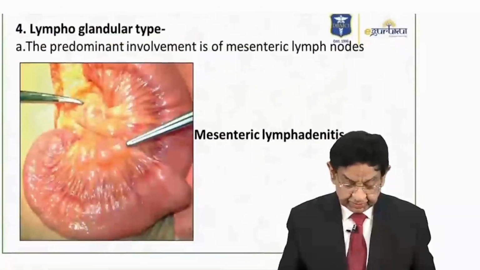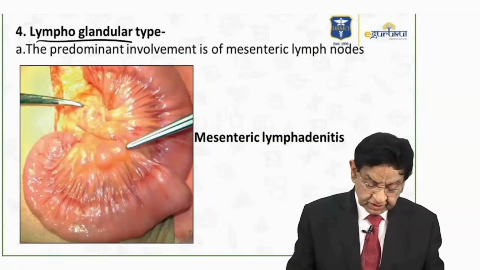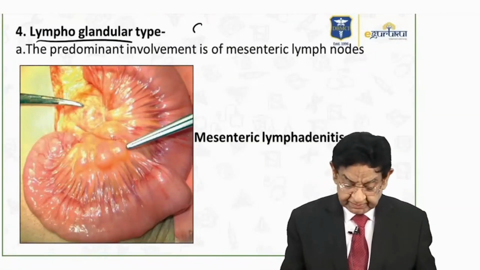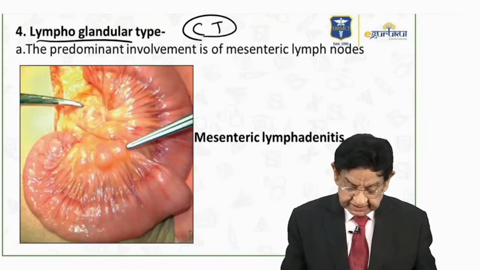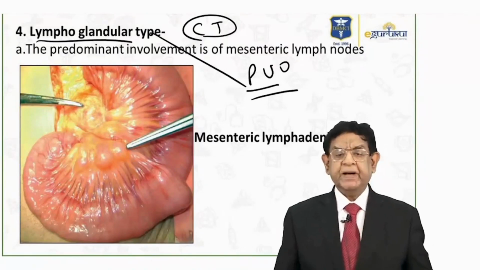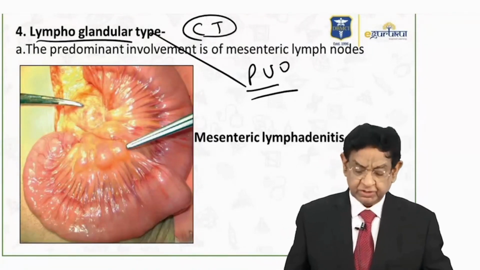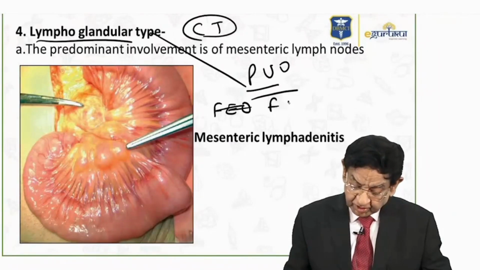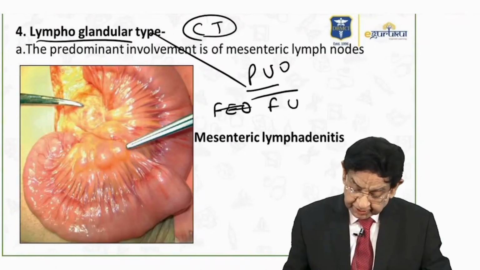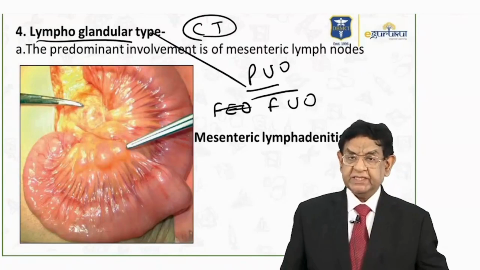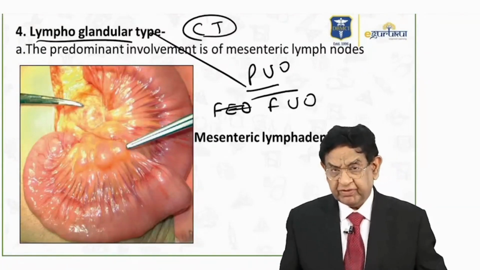And finally, you may get lymph node enlargement, so-called lymphoglandular type. It is usually seen by CT scan. These are the patients who usually come to us with PUO, pyrexia of unknown origin, or fever of unknown origin.